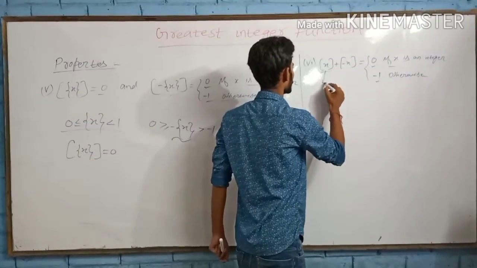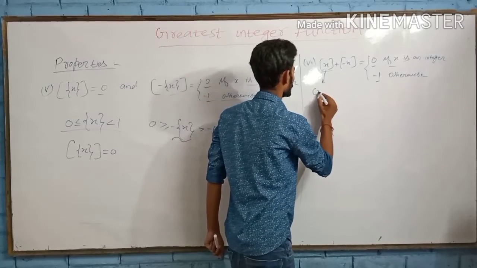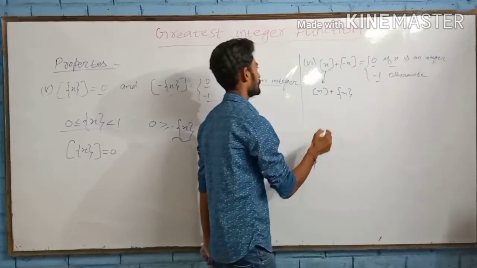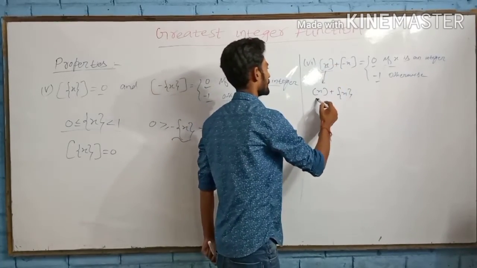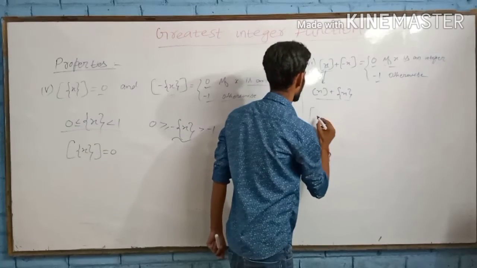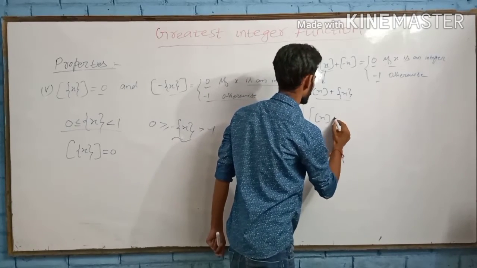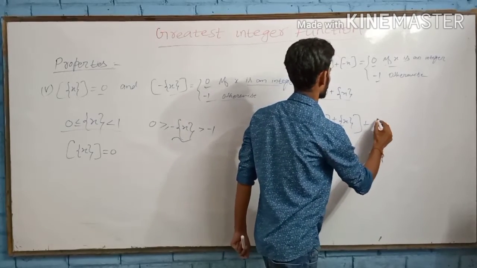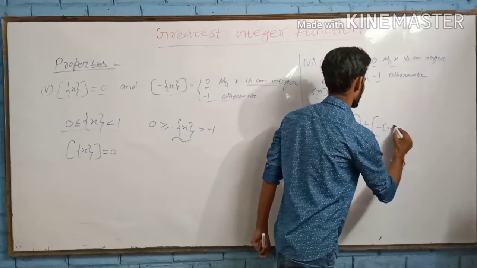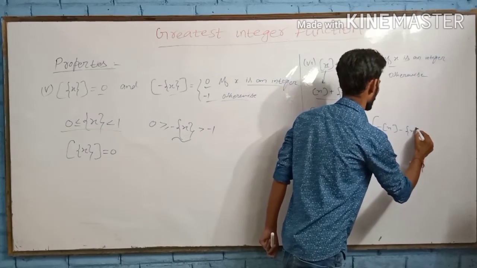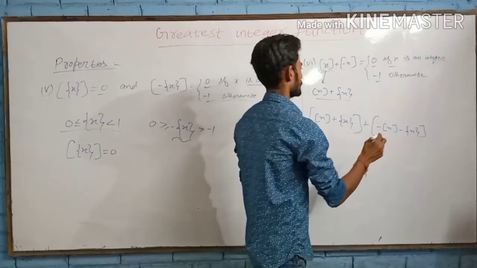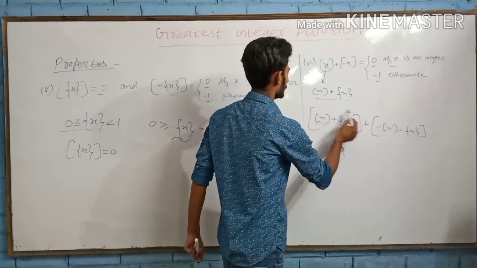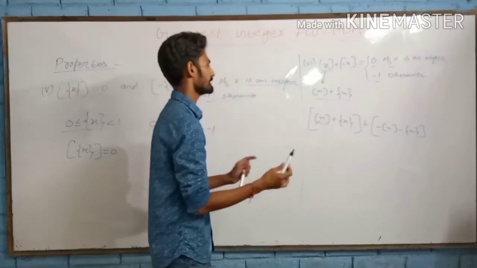As we discussed earlier, x is equal to ⌊x⌋ plus the fractional part of x. Now I am going to replace x by this. So we can write it as ⌊x⌋ plus the fractional part of x, plus ⌊−⌊x⌋ − {x}⌋. As we discussed earlier, when an integer is inside the floor, it comes outside as it is.